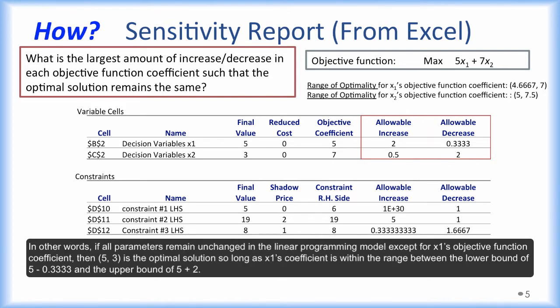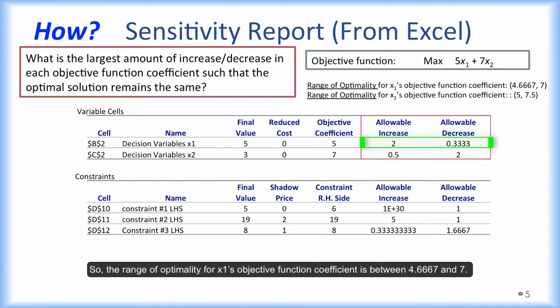In other words, if all parameters remain unchanged in the linear programming model, except for x1's objective function coefficient, then (5, 3) is the optimal solution so long as x1's coefficient is within the range between the lower bound of 5 minus 0.3333 and the upper bound of 5 plus 2.